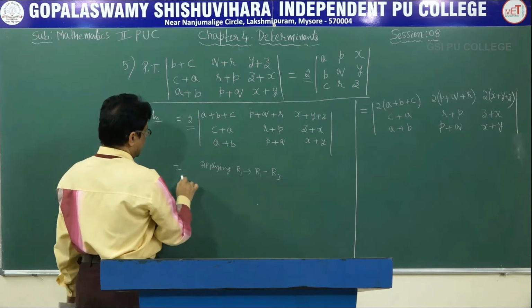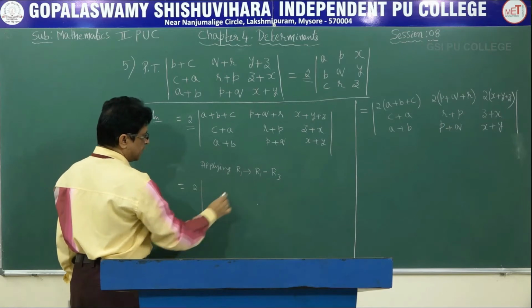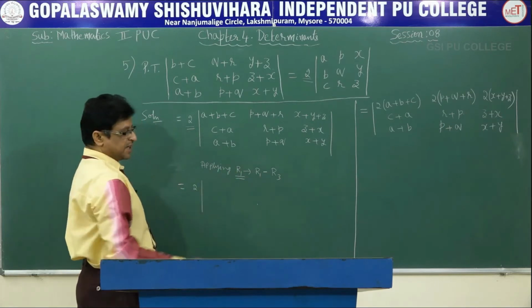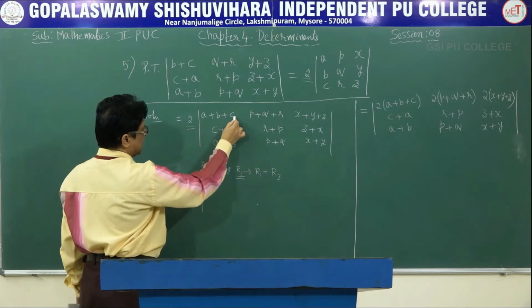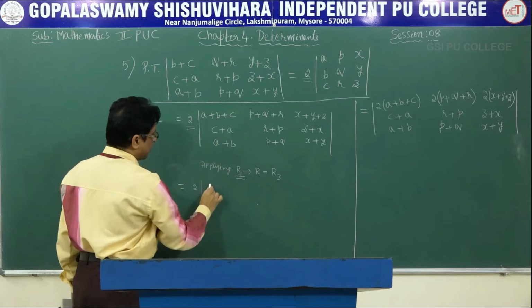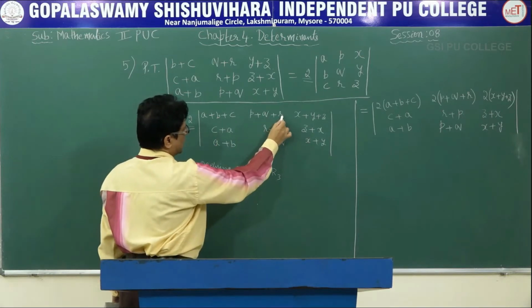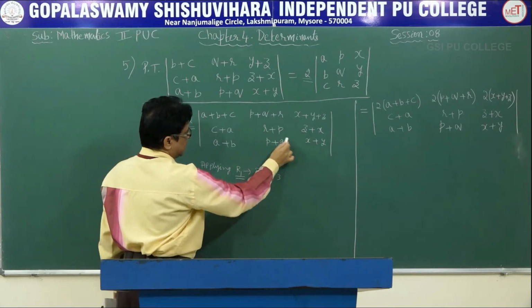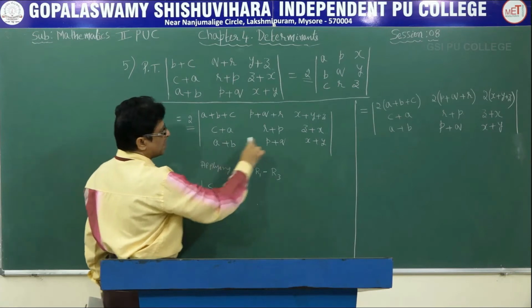So this will be equal to 2 into the determinant of, now R1 is replaced by R1 minus R3, that is a plus b plus c minus a plus b, the remaining term will be only c. Here also p plus q plus r minus p plus q, the remaining element will be r.